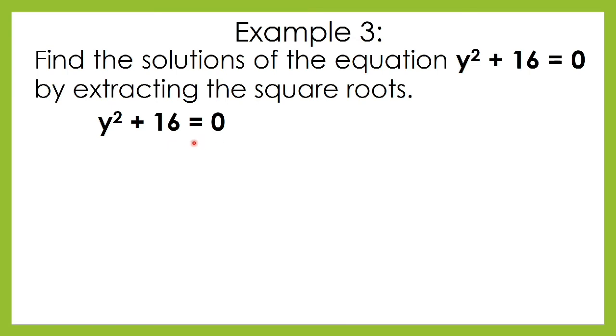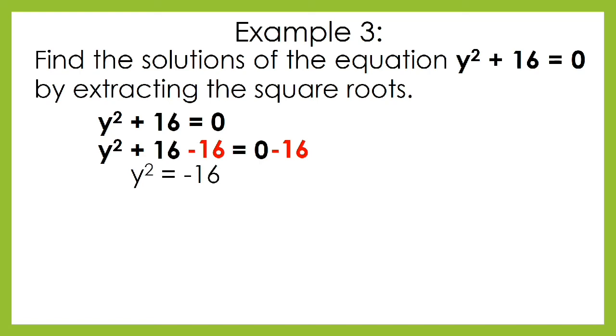We will transform this equation into the form ax squared equals c. We will apply subtraction property of equality. We will subtract 16 to both sides of the equation. We simplify. We now have y squared equals negative 16.